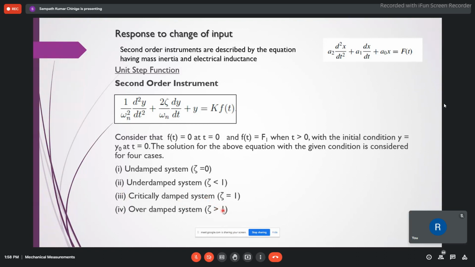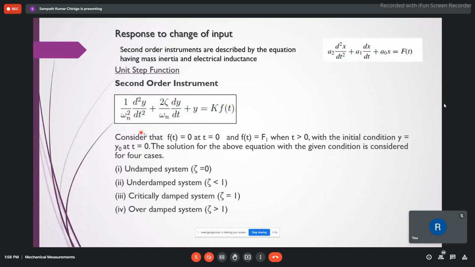And suppose the damping system is having over damping, that means zeta value is greater than 1. That means your C is greater than Cc, then we call it an overdamped system. So for each of these systems, we will get a different solution.